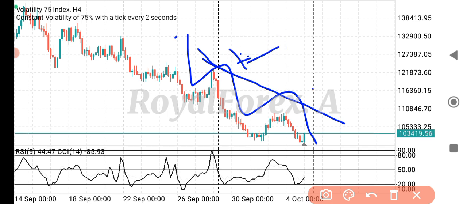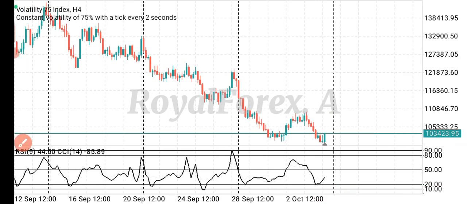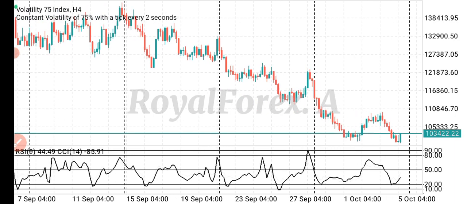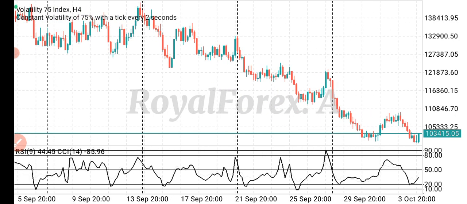So this lower high is what we identify as our dynamic support and resistance, while the fixed one is what we identify as static support and resistance.